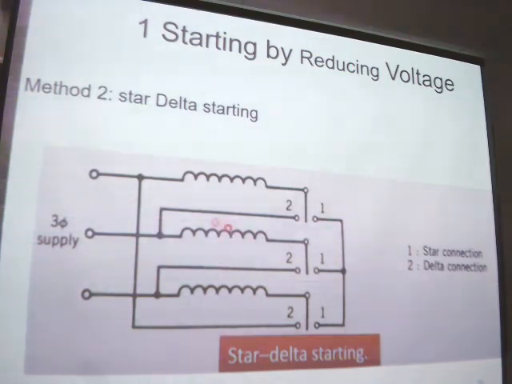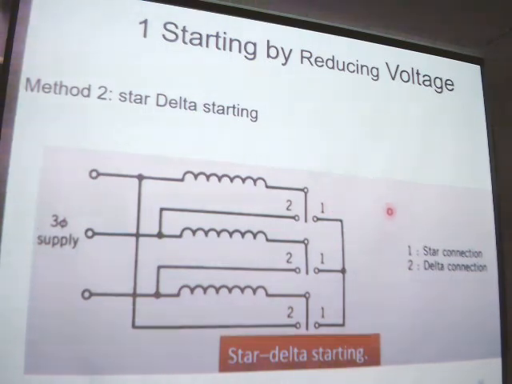In star connection, the voltage is the phase voltage, from the line to the neutral. For example, 220 volt.